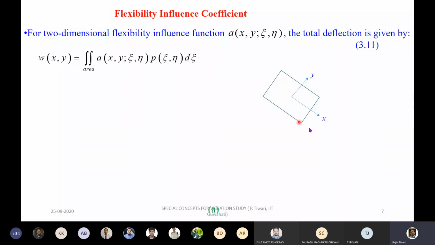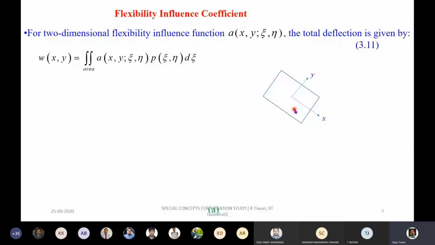So here we will have x and y coordinates. Something like a roof can be considered as a plate, or some platform on which some loading is there. So the loading location will be defined by x and y position.